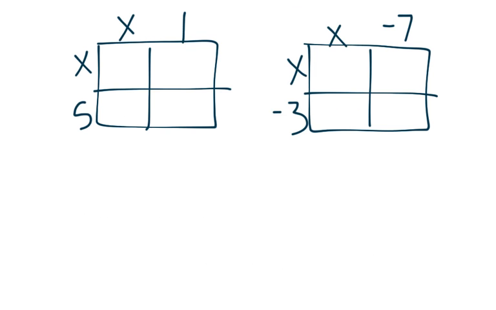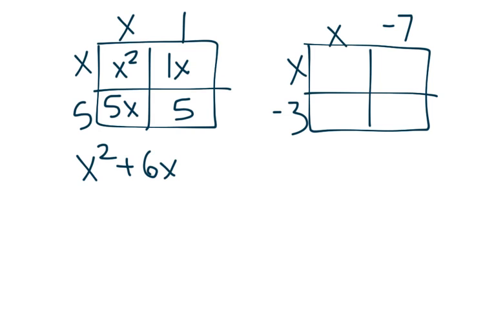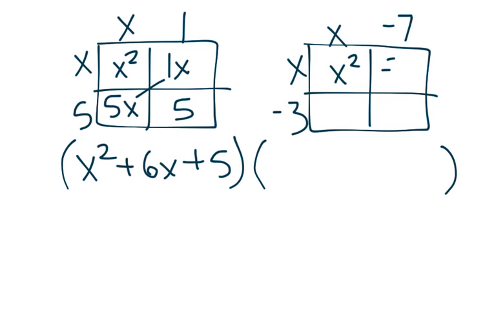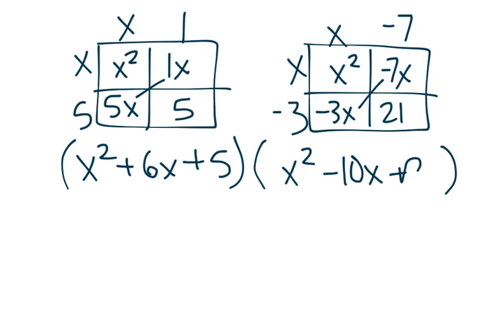Let's solve these. So we get x squared, 1x, 5x, and 5. So x squared plus 6x, because we combine like terms, plus 5. So we're just multiplying. Then x squared, negative 7x, negative 3x, so negative 10x, right? X squared minus 10x. And then positive 21, plus 21.